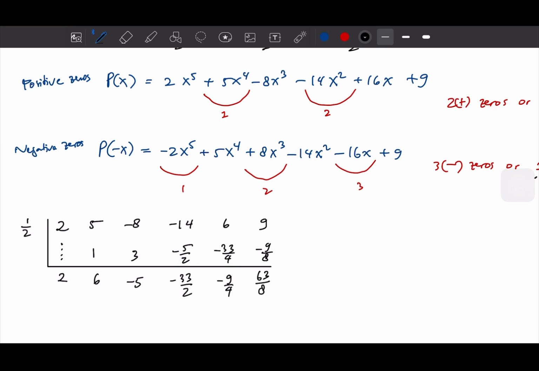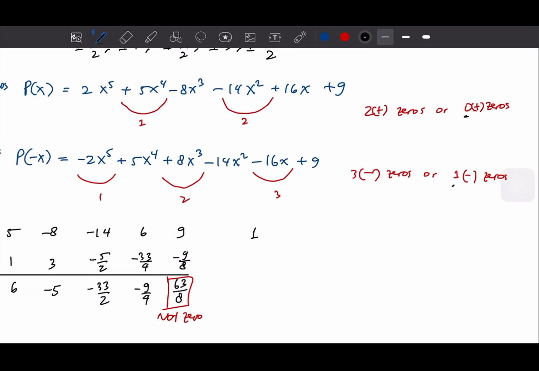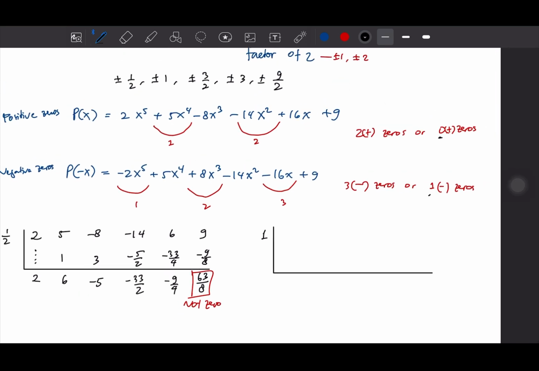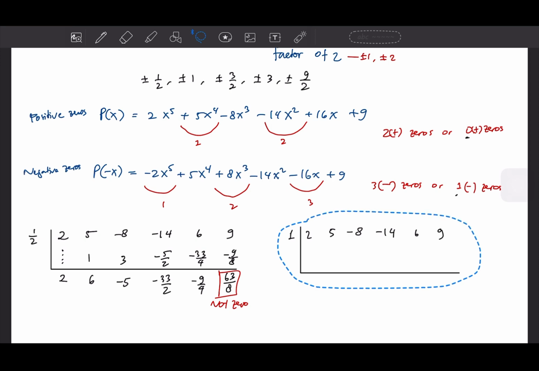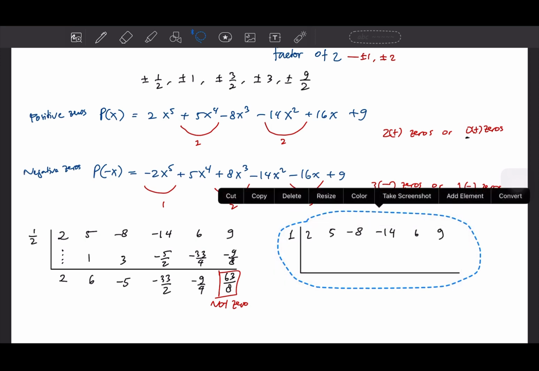So okay, it's not zero now, right? So we could skip this 1/2. So let's keep going and stay optimistic. So 2, 5, negative 8, negative 14, 6, and 9. Let me copy this so we could have it for other calculations as well.